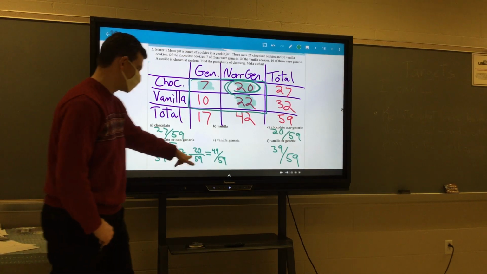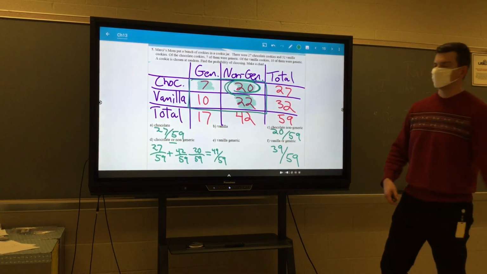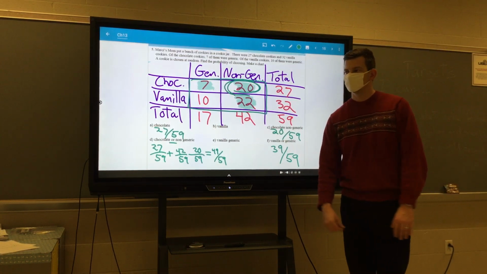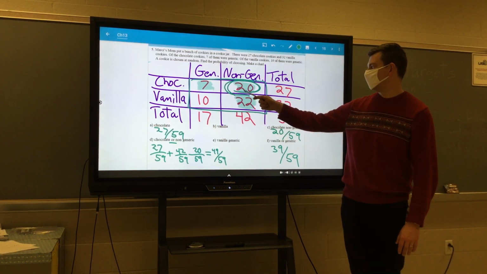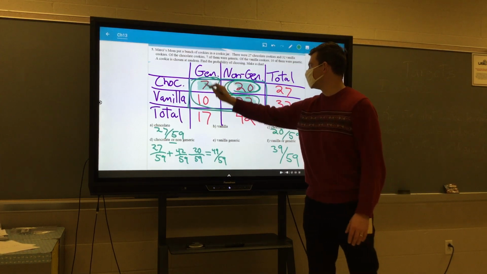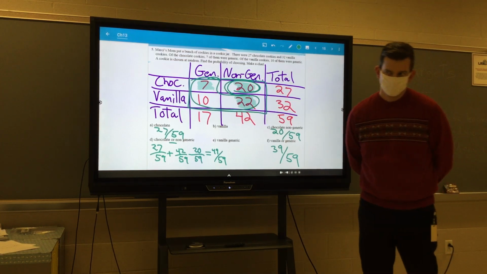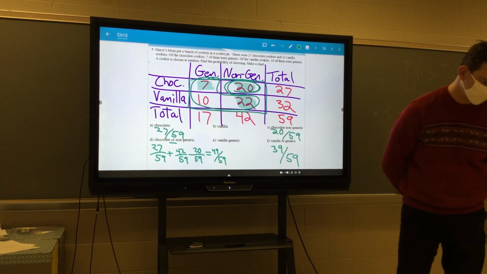I could have used the equation again. I could have gone through and highlighted successes. Let's just think about it, right? The only thing I don't want are these 20. I do want these. So I could have added those to get my 39. Any questions here?